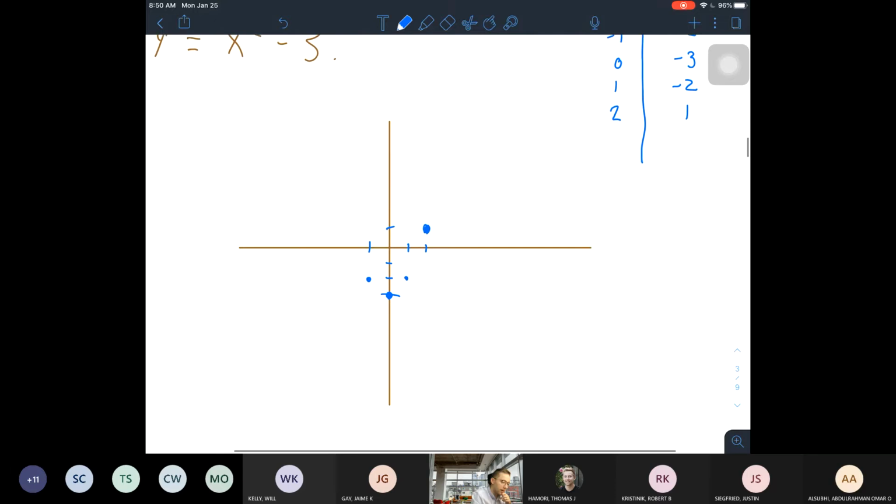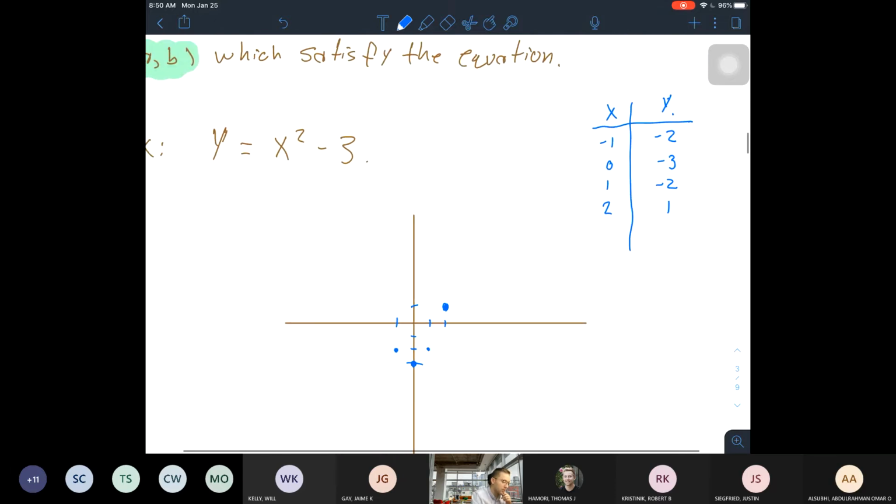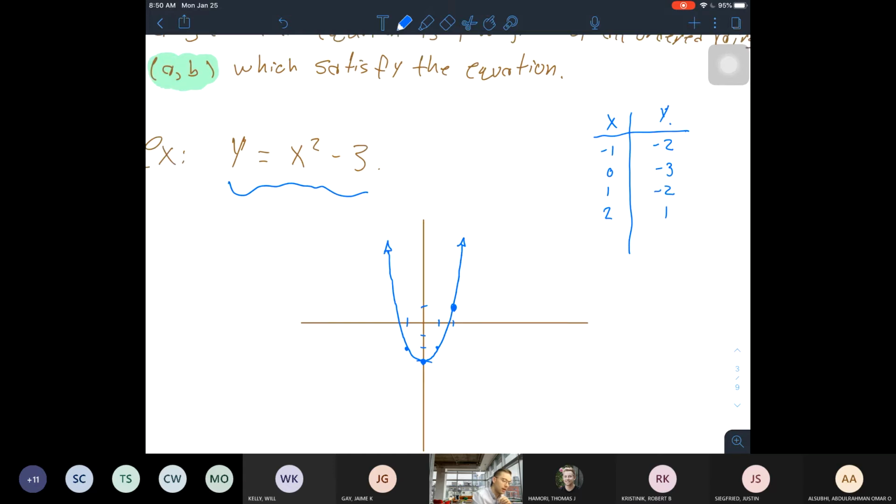Okay, and you can just kind of use this method to try to fill in the gaps. Probably a lot of students in this class already know that this shape should be a parabola. So guided by that principle and the dots which you've drawn, you can just go ahead and fill that in like this.